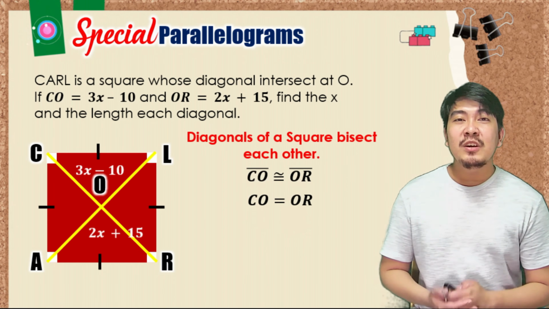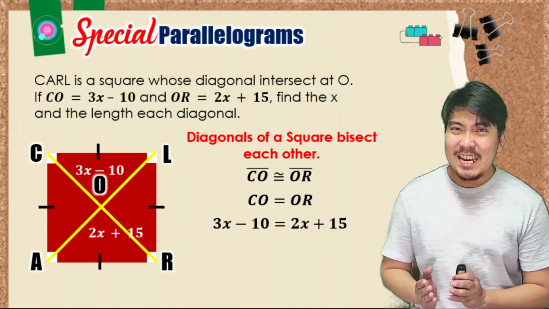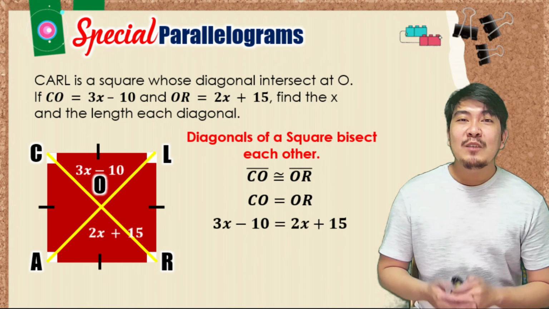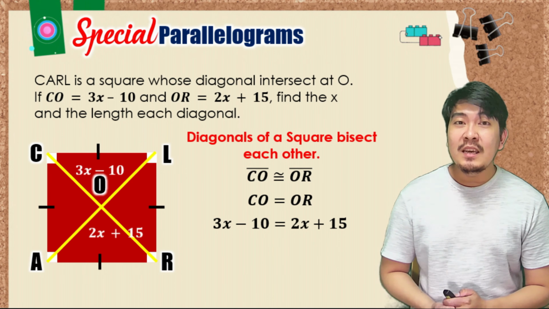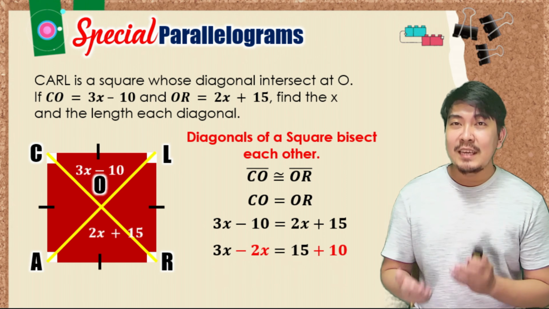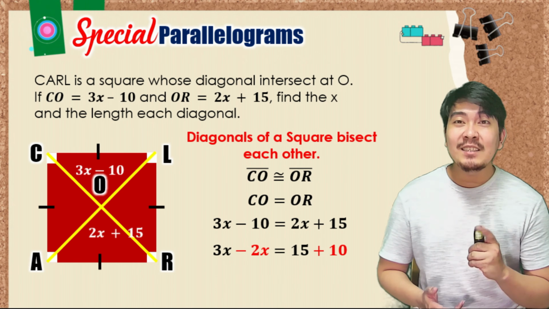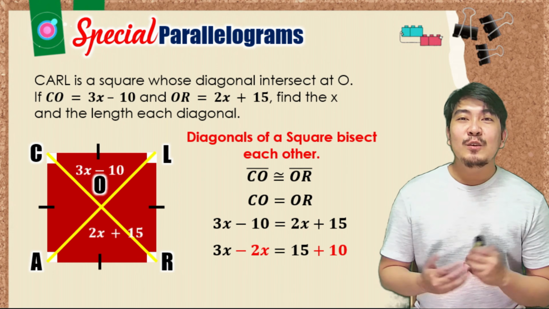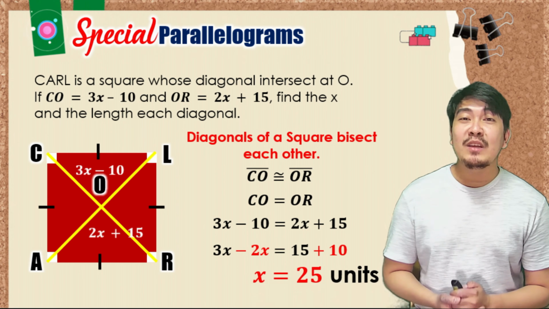By substitution, CO, which is 3x minus 10, is equal to OR, that will be 2x plus 15. Applying addition property of equality, or by transposing terms, it will become 3x minus 2x is equal to 15 plus 10. Simplifying the equation, we will now obtain x is equal to 25 units.